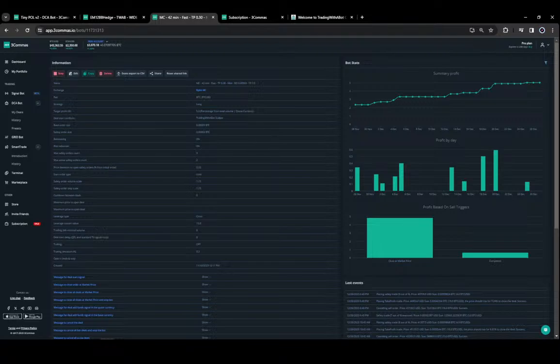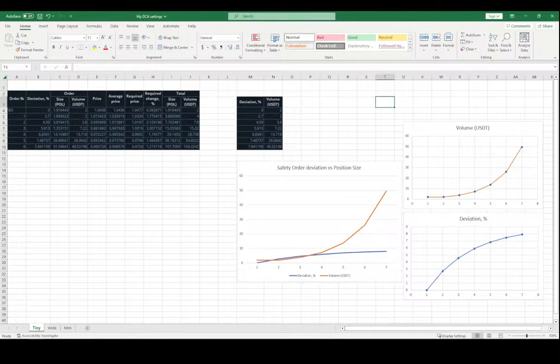Now, I also put this a bit visually here in an Excel file. So the Tiny DOGE one has 6 safety orders, and in these safety orders the deviation actually shrinks and the size increases, here shown by volume.